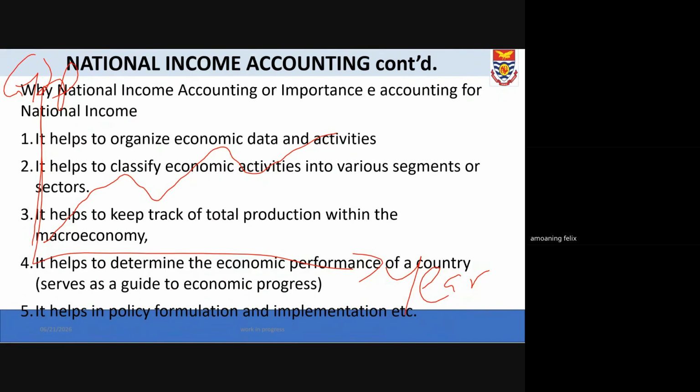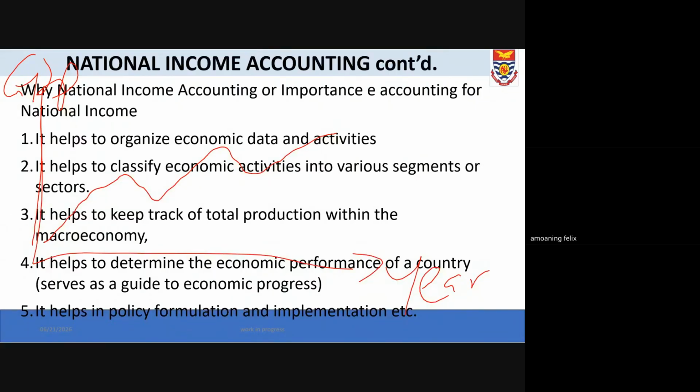So if in 2014 our GDP is, let's say, $3,000, and in 2015 it is $3,000, and in 2016 our GDP moves to, let's say, $4,000, it gives us a clue about how the economy is expanding, how economic activities or production in the economy is going up. It also tells us the performance of the economy, to see if the economy is progressing or retrogressing.